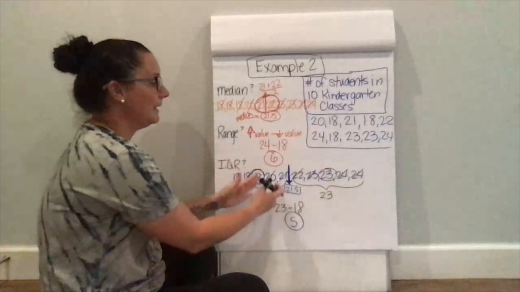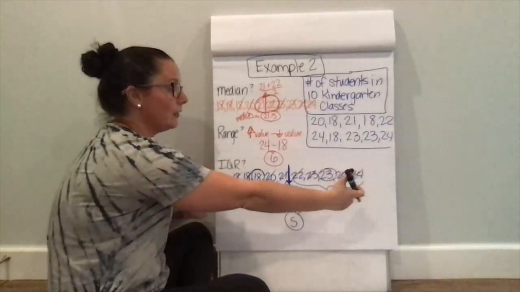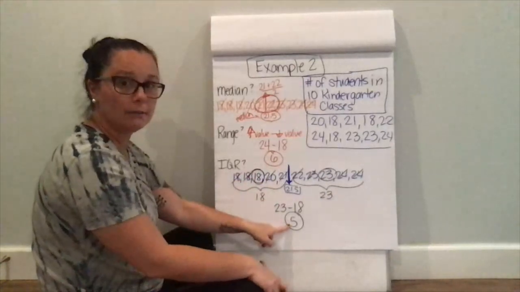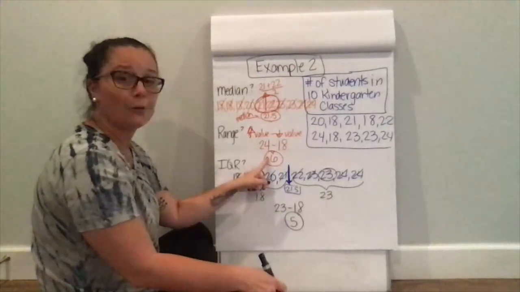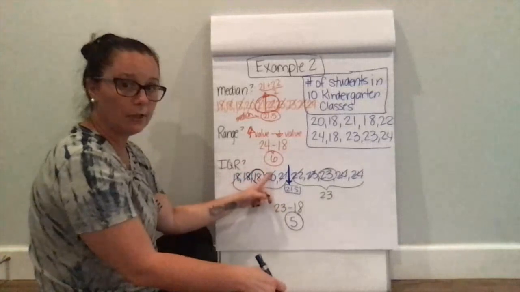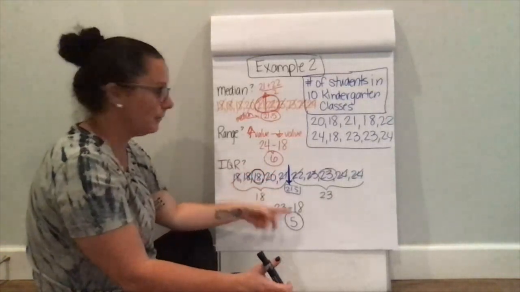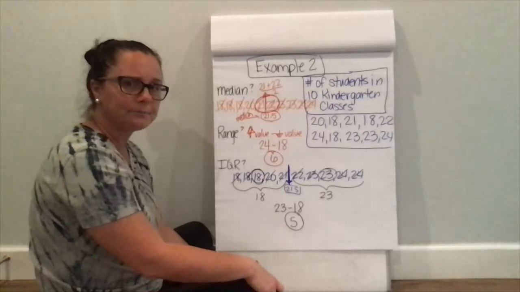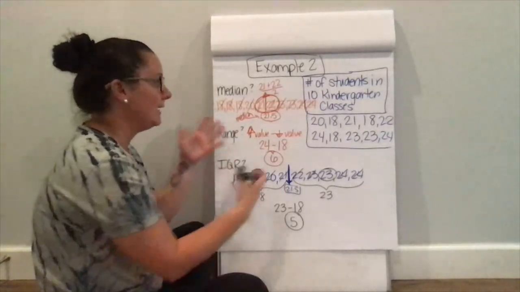So because we didn't have a wide range or variability in our entire data set, our IQR, interquartile range, and the range of our data are pretty close. I wouldn't say that's similar, but they're pretty close. They're not way different like in our first example.